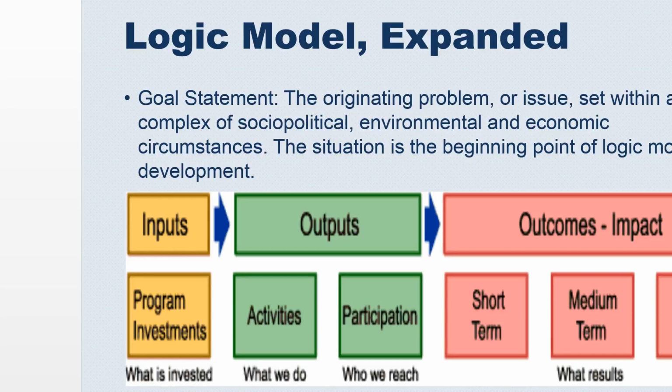And then the inputs and outputs lead to outcomes, okay? We have short-term, medium-term, and long-term outcomes. When we think about short-term, we're talking about learning, okay? This is awareness, knowledge, attitudes, skills, opinions, aspirations. But it's about learning. Medium-term outcomes are about action.